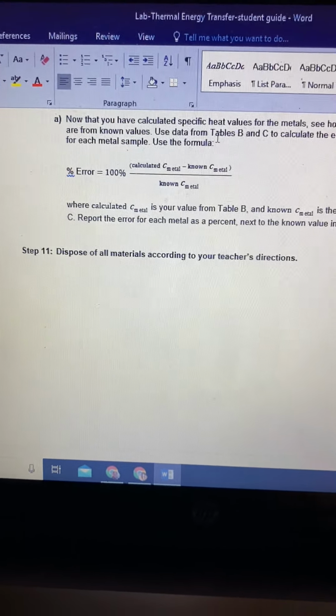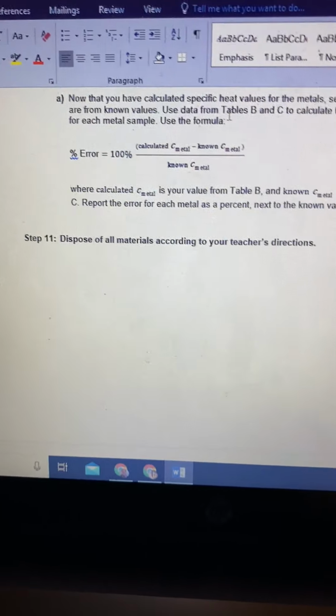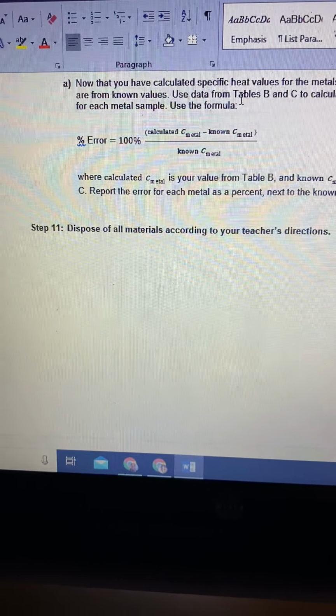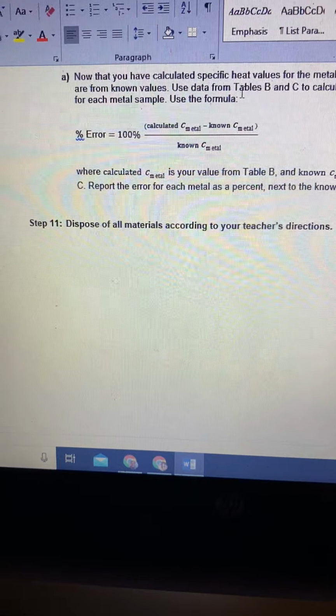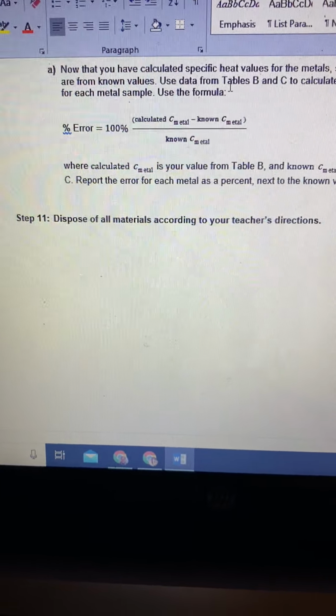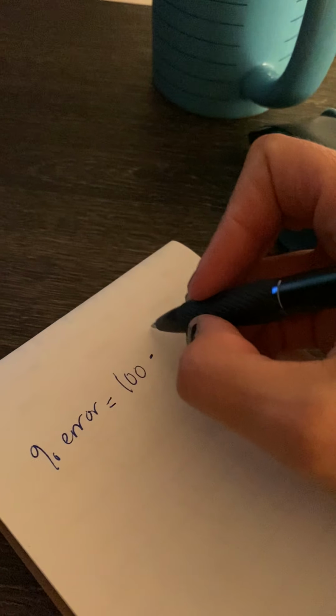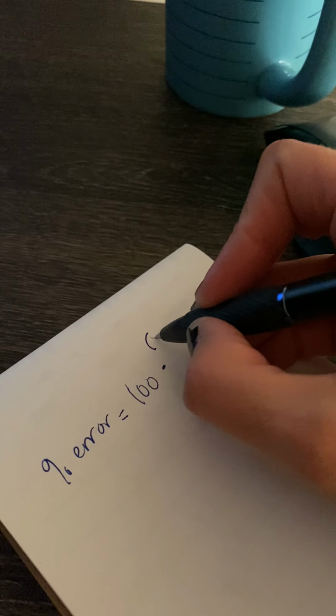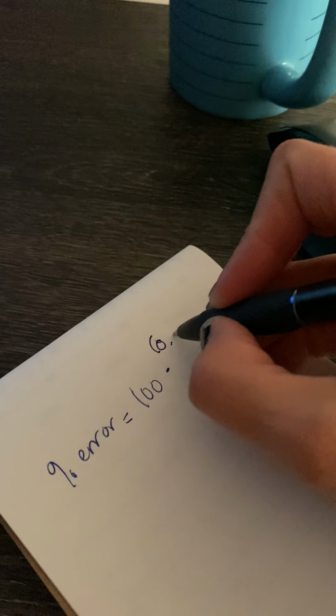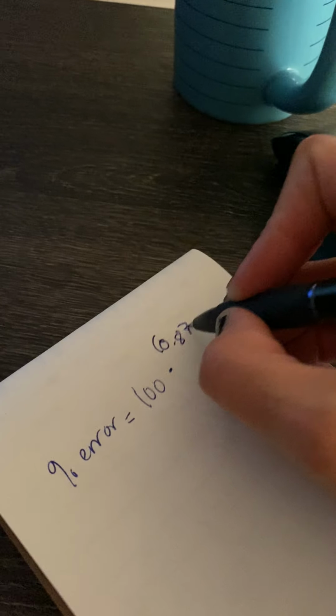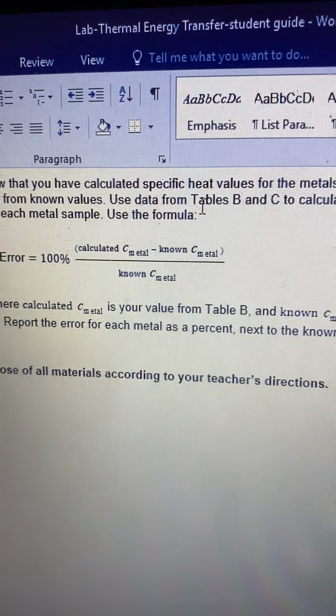So percent error equals 100 times 0.87 minus the known specific heat of the metal.